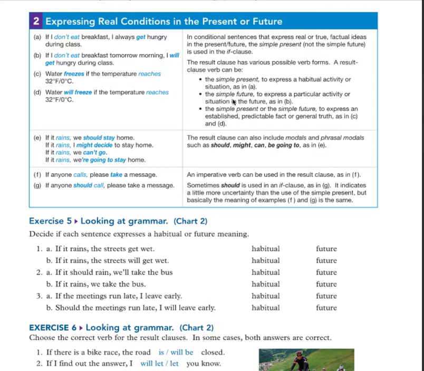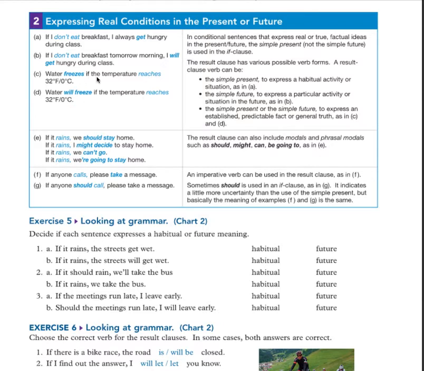Or the simple future to express a particular activity or situation in the future, like in letter B, will get. Or the simple present or simple future to express an established, predictable fact or general truth. If it's an established, predictable fact or general truth, you can use either C or D.